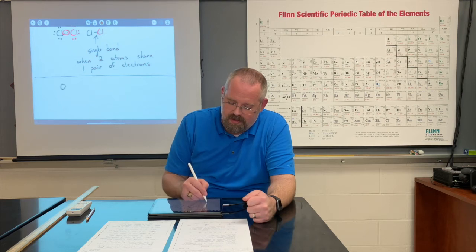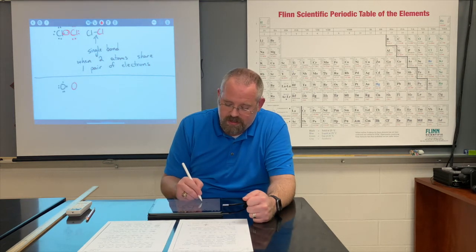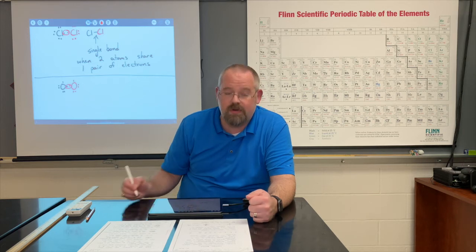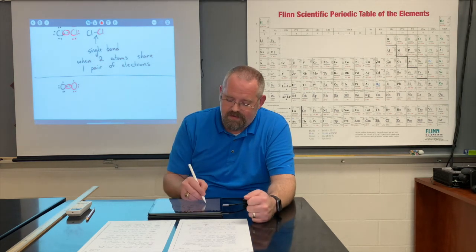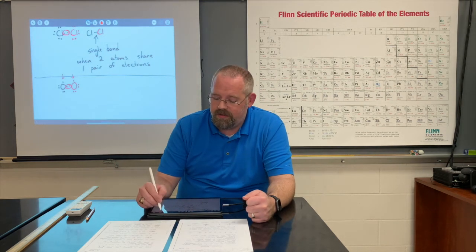Oxygen has 6 valence electrons. Okay, so if I have O2, it's diatomic, so I've got to have 2 of them. So we're going to share right there, but then I have these 2 spaces that are left over on the two atoms.